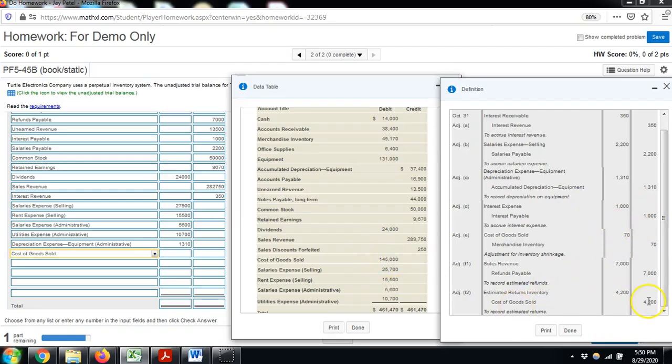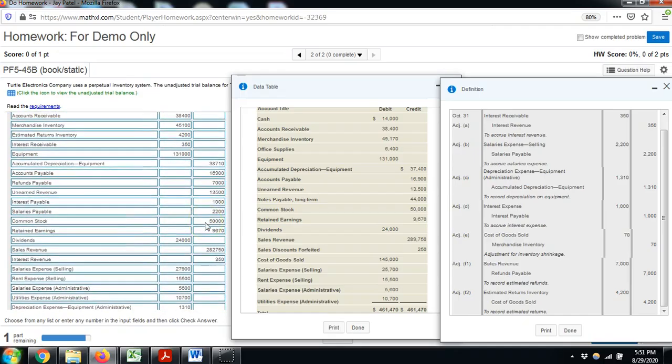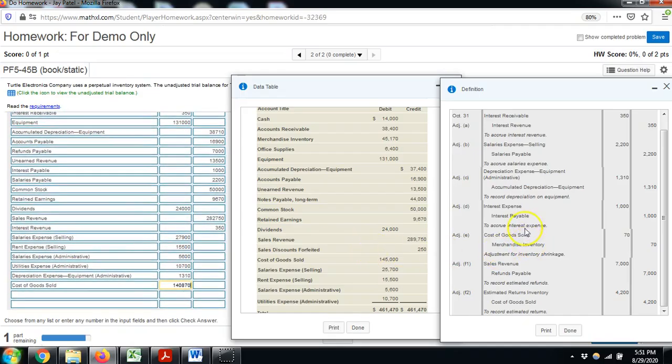And then we also had this credit of 4,200, so we need to subtract that. So that gives us a balance of 140,870. And so now I think we have everything.